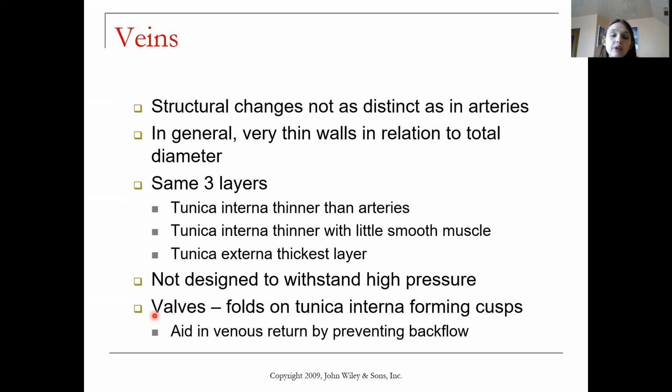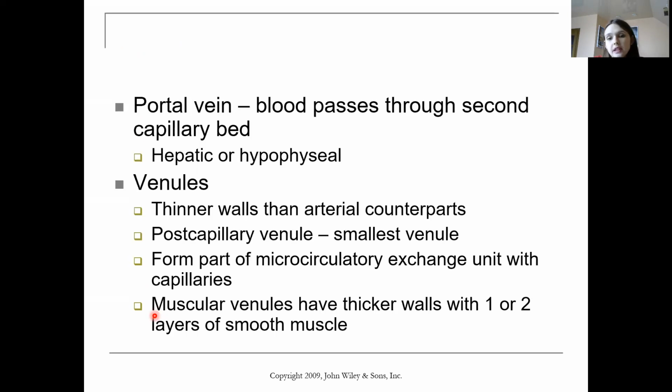The main function of these valves is presented in the limb veins due to muscle contraction, and they are responsible for pumping blood toward the heart, and as a result returning it back into the heart. So muscle contraction, in this case called the muscle pumping system, is responsible for venous return of blood.